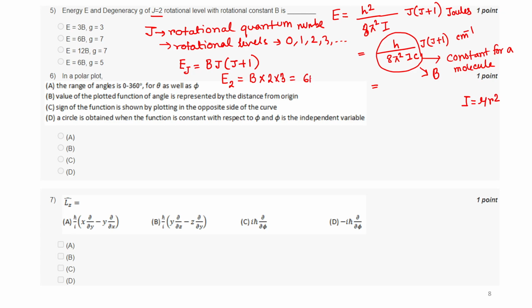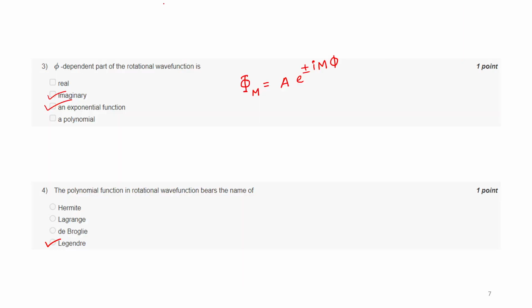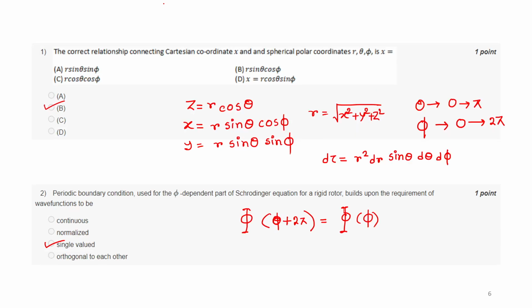So that is 6B, right? So it could be either the second option or the third option. But we also have to see that J equals 2. This J is nothing but what I was discussing earlier as L.